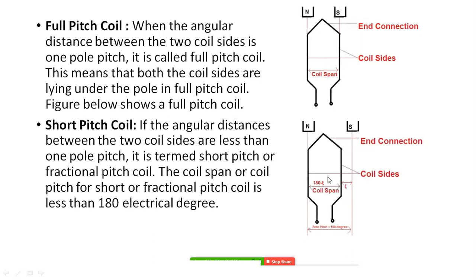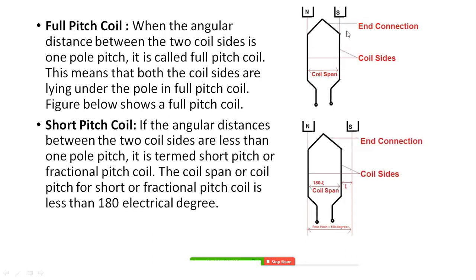If the angular distance between the two sides of the coil is less than one pole pitch, it is termed a short pitch or fractional pitch coil. Here, the coil span or coil pitch for a short pitch coil is less than 180 electrical degrees. The distance between the north and south pole, one pole pitch, means 180 electrical degrees.